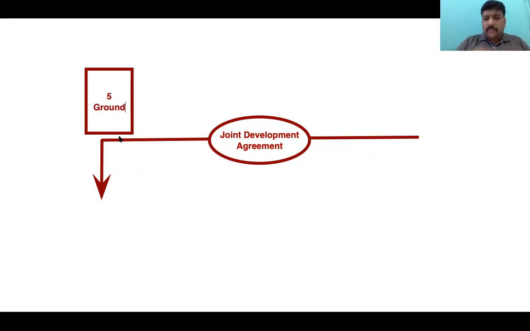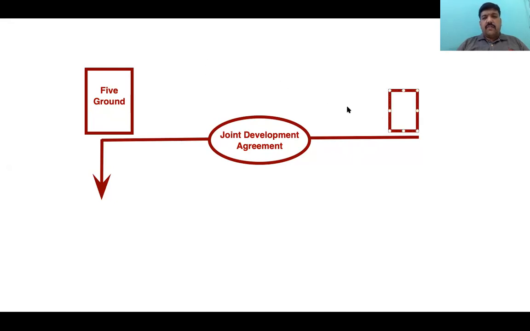5 ground. Landowner of this 5 ground gave 2.5 ground. Let me repeat.